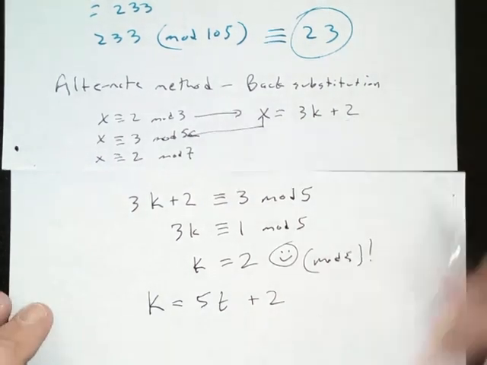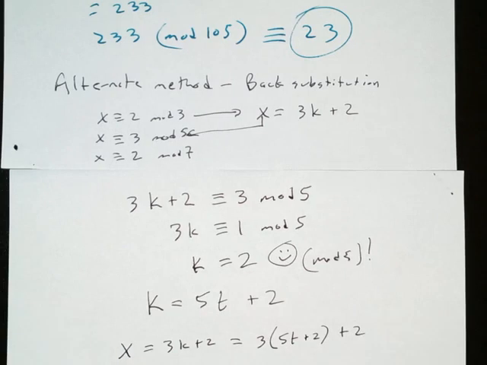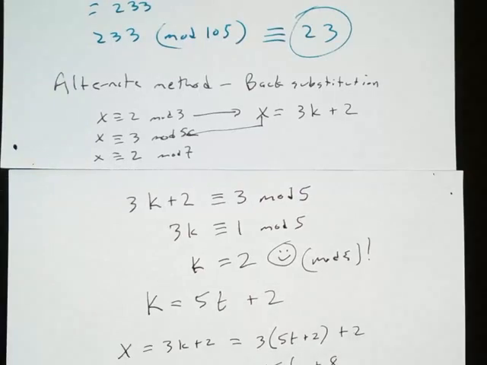Oh, okay, wait a minute. That means that x, which is 3k plus 2, is now 3 times (5t plus 2) plus another 2, right? Which is what? 15t plus 6, 7, 8.